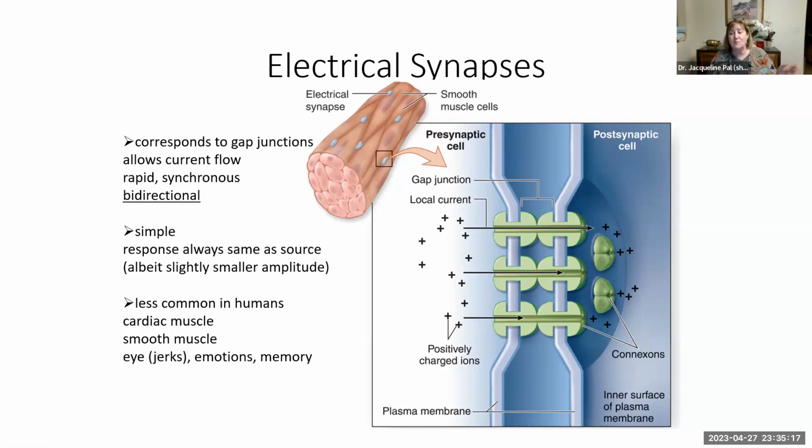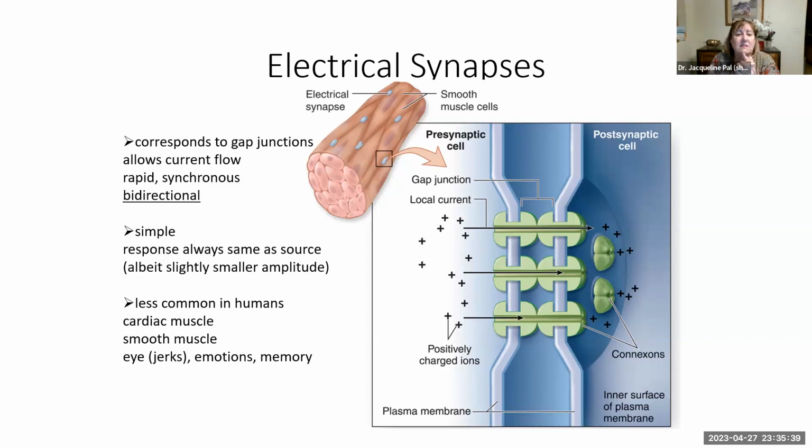This is super simple. It's just flowing down a gradient. And the response in the postsynaptic cell is going to be the exact same response we had in the presynaptic cell, although it might be a little bit lower. This is going to be important for smooth muscle and cardiac muscle, so don't just dismiss it for right now. It is an important concept.